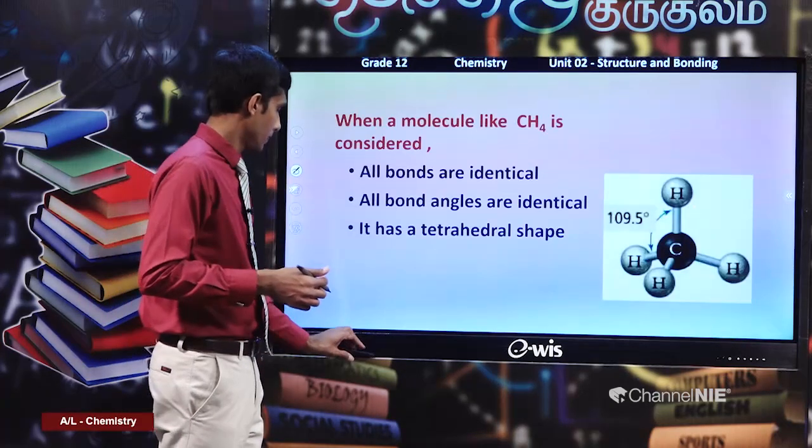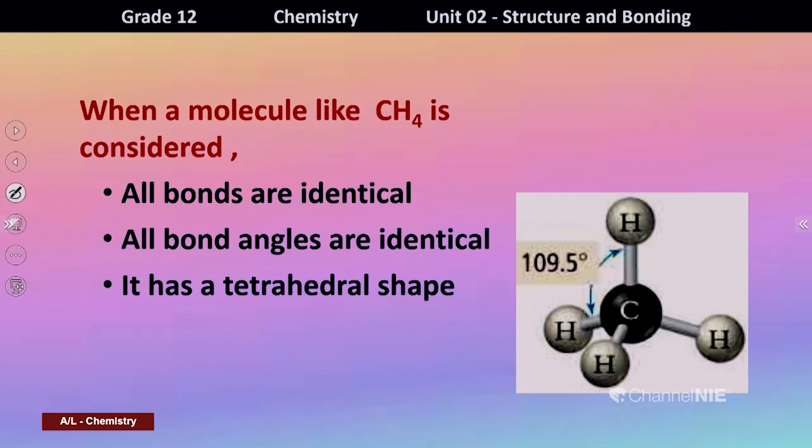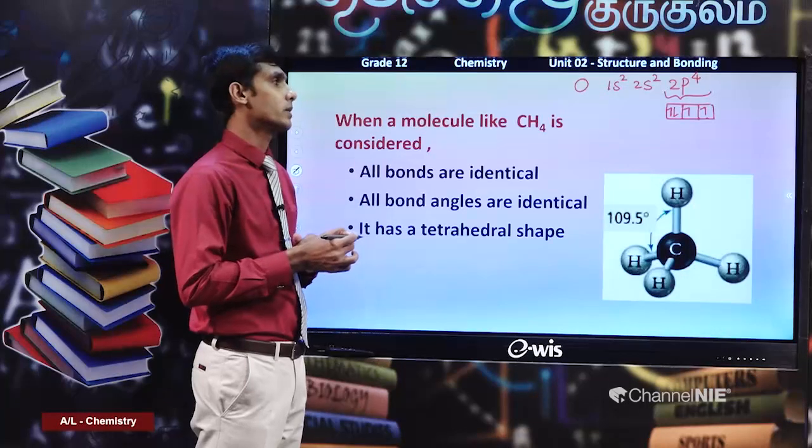In the water molecule, we know the oxygen atom has the configuration 1s2 2s2 2p4. In this 2p4 configuration, you have two unpaired orbitals. Now we know that these p orbitals are perpendicular to each other.